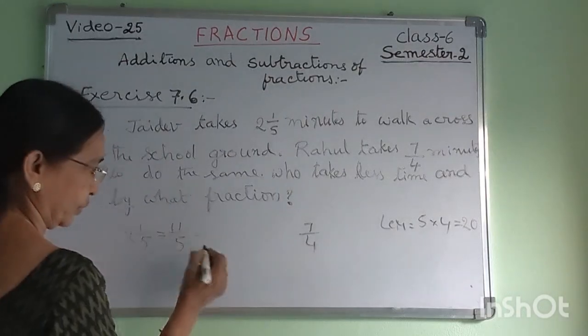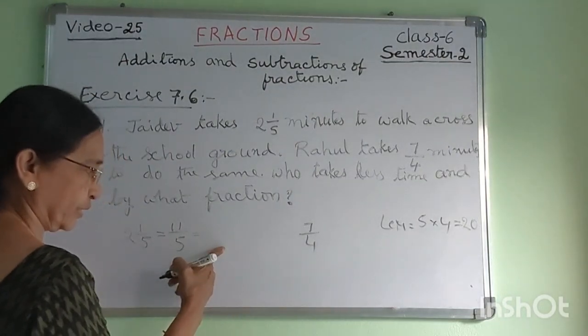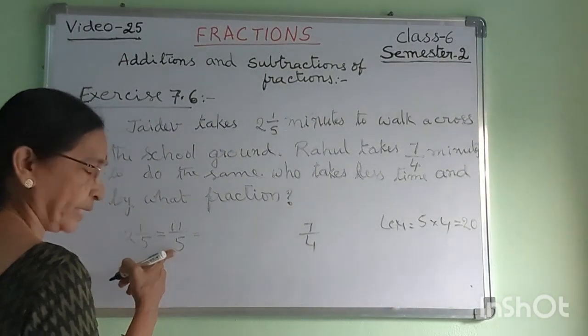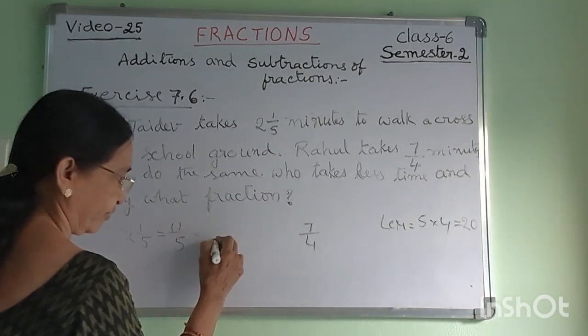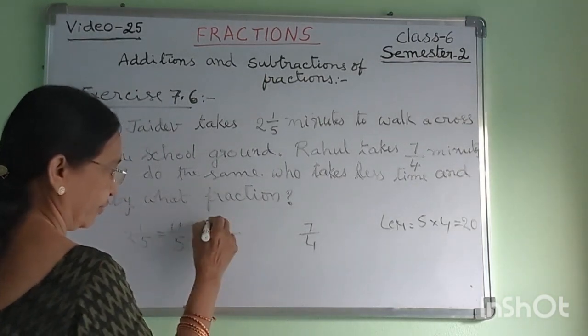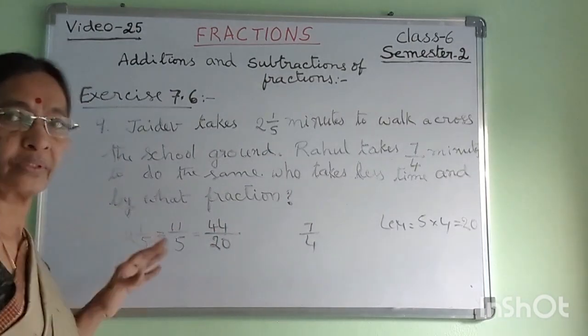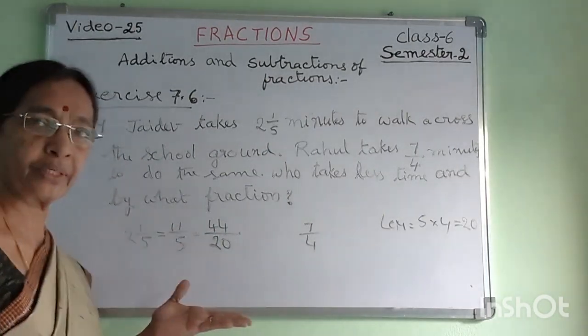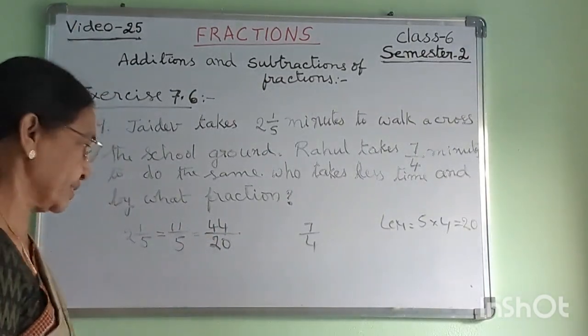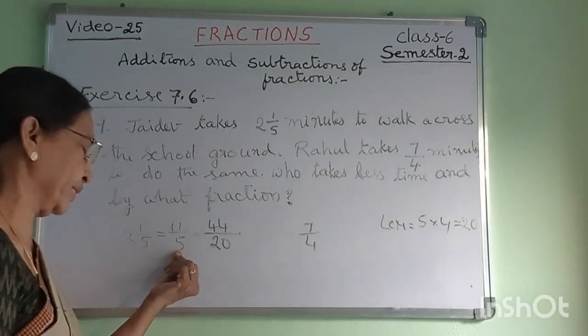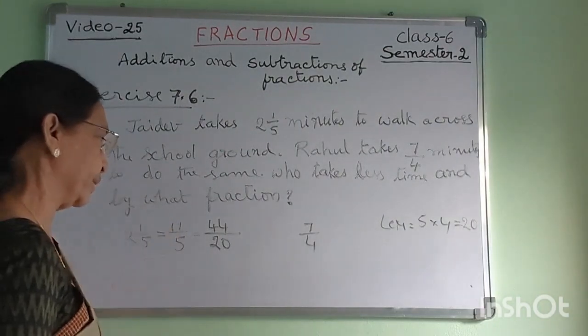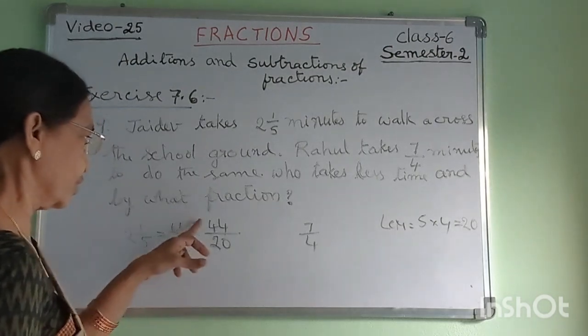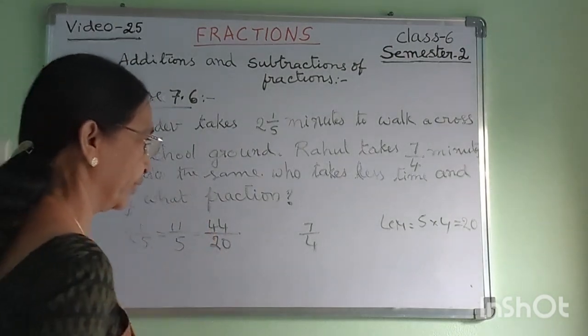If we want 20 in the denominator, we have to multiply it by 4. Therefore, 5 4s are 20, 11 4s are 44. Both numerator and denominator must be multiplied by the same number. So, as we multiply the denominator by 4, multiply the numerator also by 4. So, we got 44 by 20.